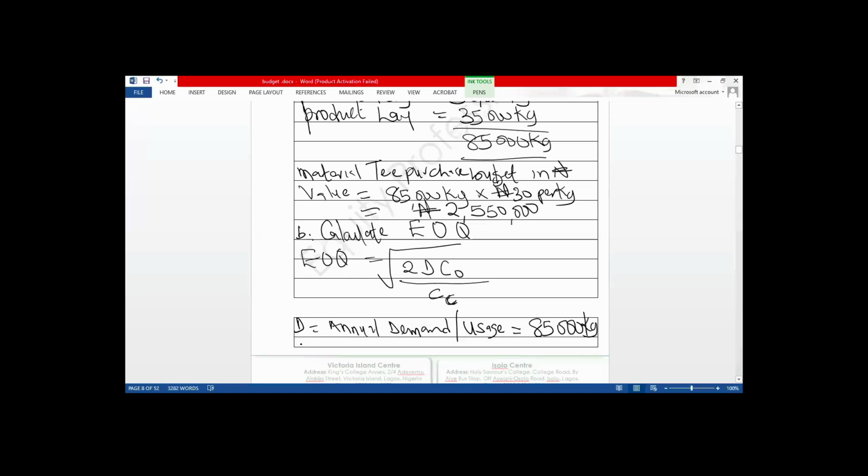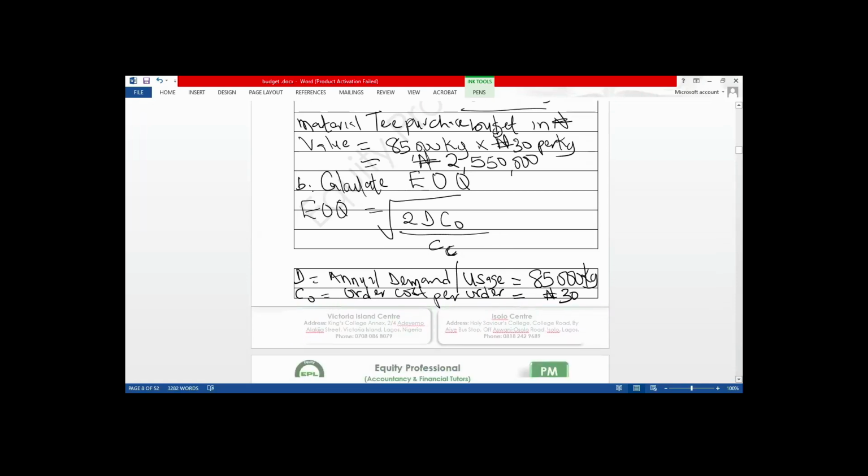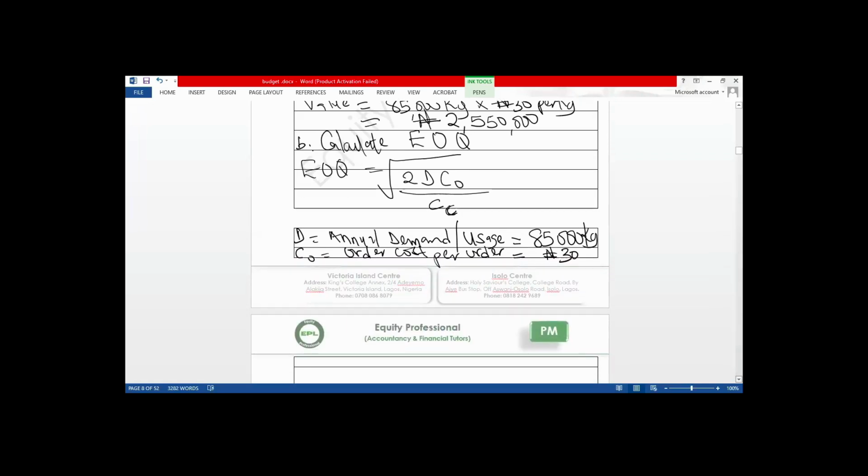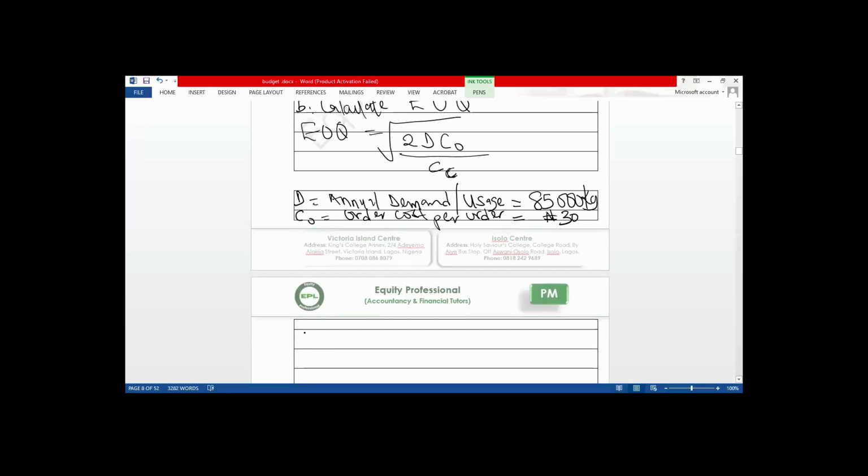Your CO is the ordering cost per order. Look at the additional note. The examiner says this is 30 naira. Our CC is the carrying cost per unit per annum.